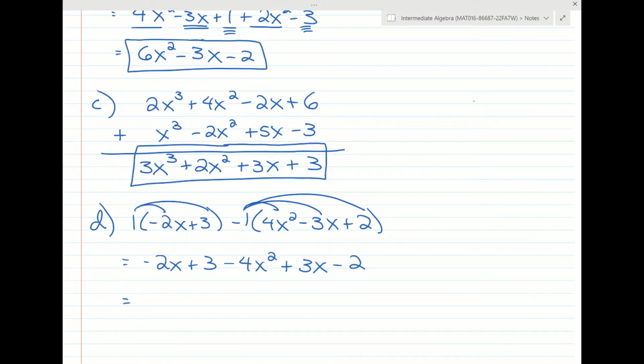And then our like terms, looks like this is the only squared term. Negative 2x plus 3x is just 1x. And then 3 minus 2 is 1.